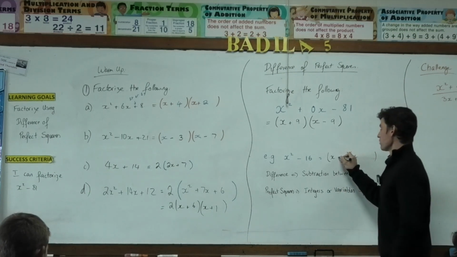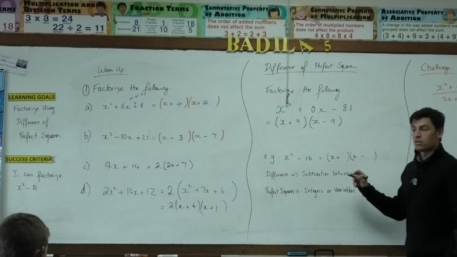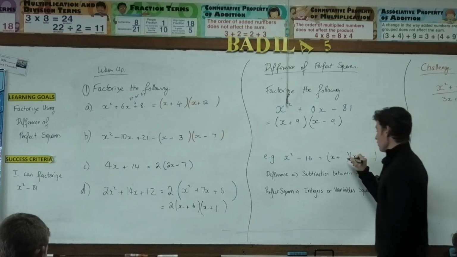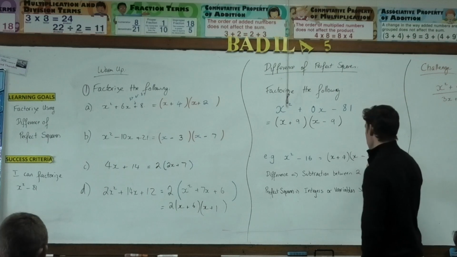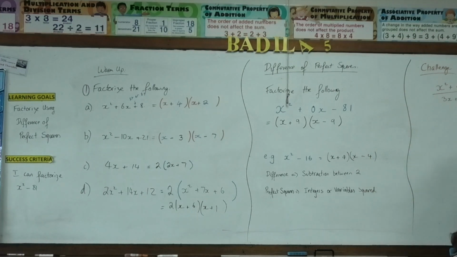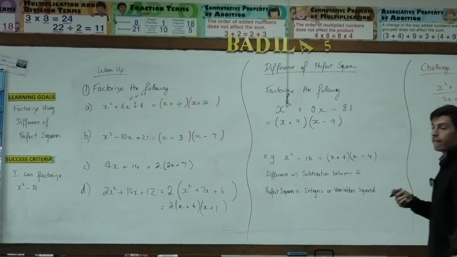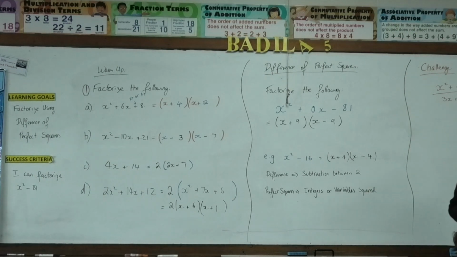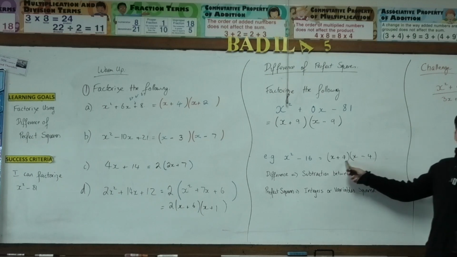Plus and minus. 4 and 4. Now this will work for any set of square numbers. Why? Because I've got the same number times negative. Exactly right.